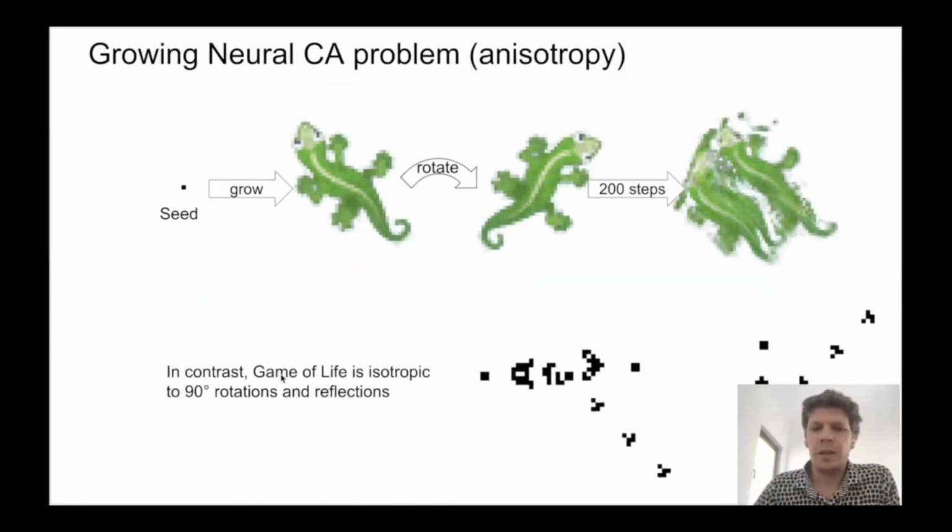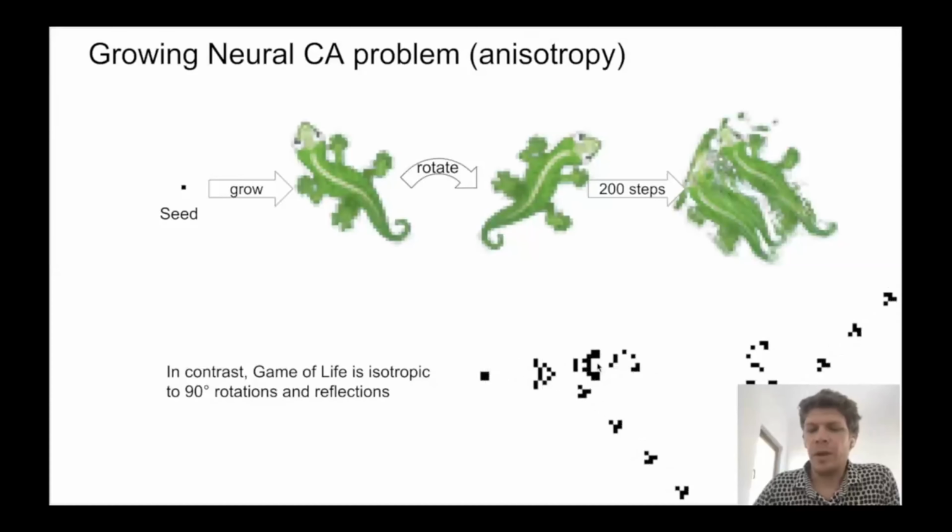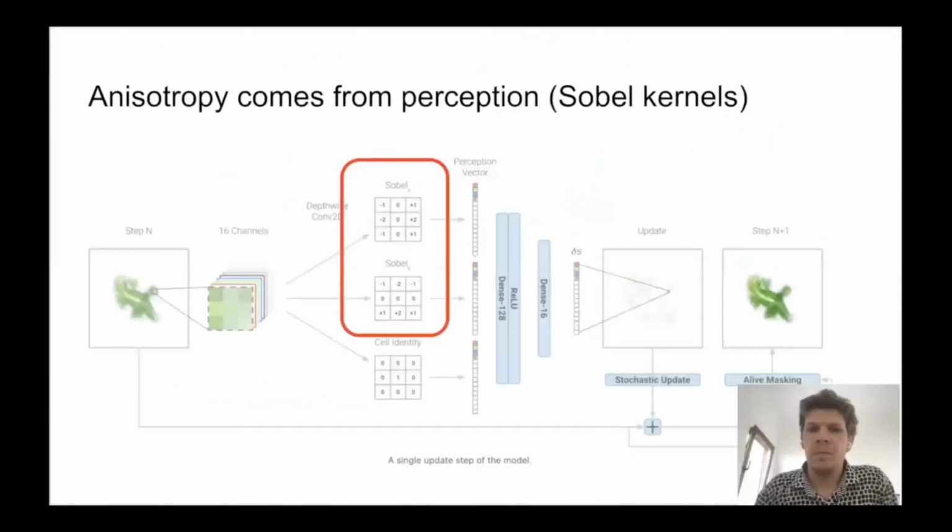It's known that many classical cell automata models, such as Game of Life, are capable of handling 90-degree rotations or reflections without disturbing the functional pattern, so they are partially isotropic. This anisotropy is caused by Sobel filters that are used as a part of the cell's perception.